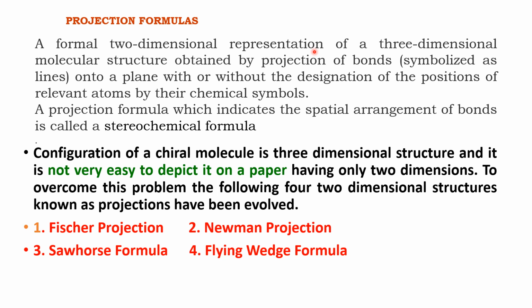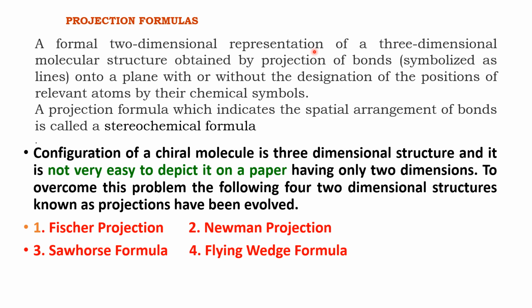When we go from a three-dimensional molecule to a two-dimensional picture on paper, we have to overcome many problems associated with these representations. So, the representation of the configuration of a chiral molecule from a three-dimensional picture to a two-dimensional picture is called a projection formula.